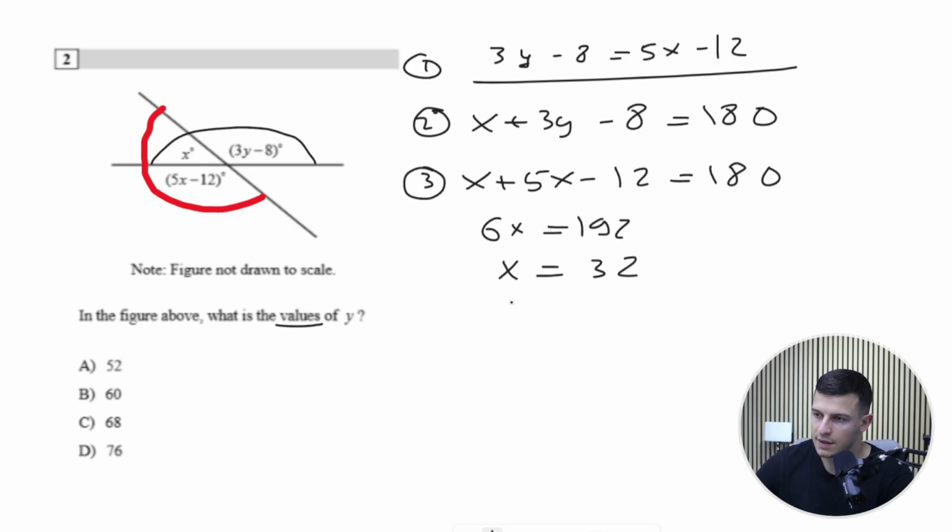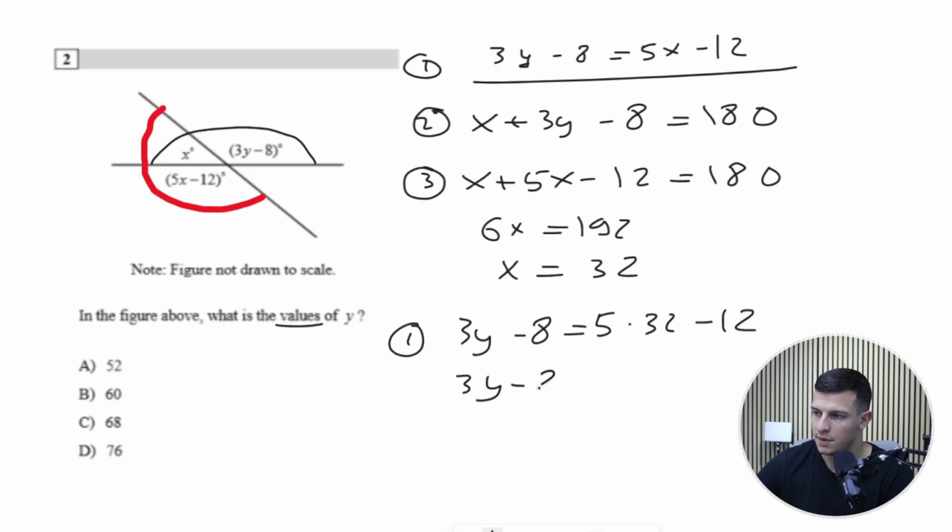32, which means we're looking for the value of y, so we can now substitute that into either 1 or 2. Doesn't matter. I'm going to do it in equation 1. So 3y minus 8 is equal to 5 times 32 minus 12. 5 times 32 is 160. 160 minus 12 is 148.